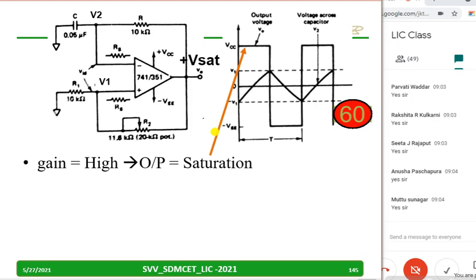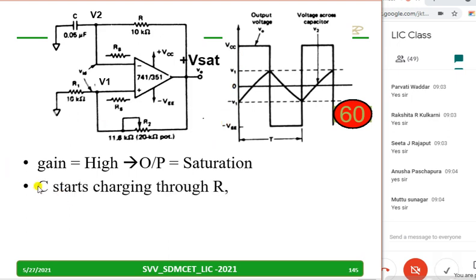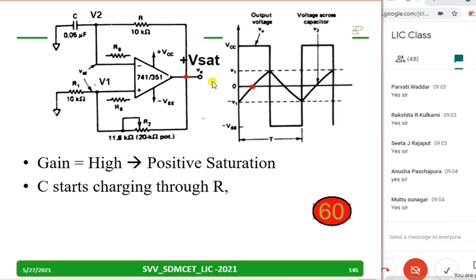Now when it is plus V saturation, the capacitor starts charging through R, whatever the plus VSAT is. How it will charge, observe carefully. C starts charging.